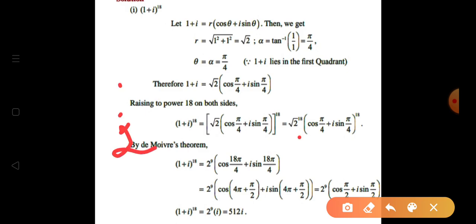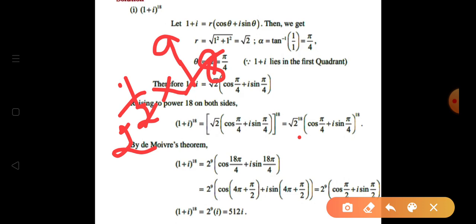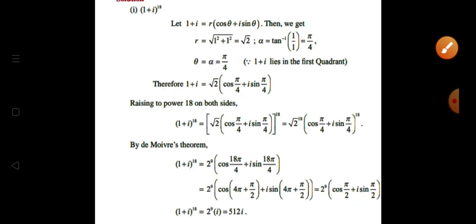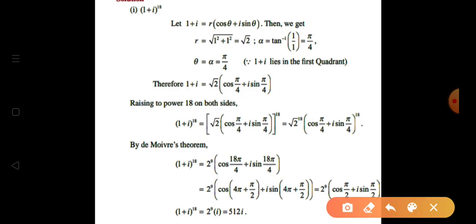We cancel these two numbers, so we write 2 power 9. And for (cos pi by 4 plus i sin pi by 4) whole power 18, applying De Moivre's theorem, we multiply 18 with the argument. So we get cos 18 pi by 4 plus i sin 18 pi by 4.